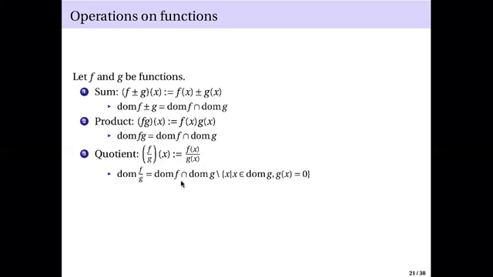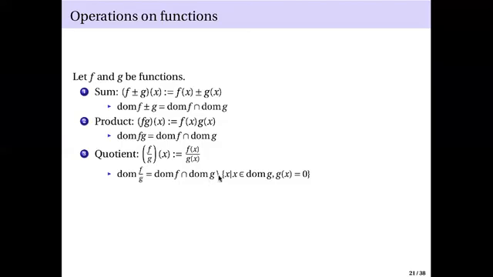Now, look at the domain of this quotient. Domain of f over g, this is the set obtained by getting the intersection of the domain of f and the domain of g.